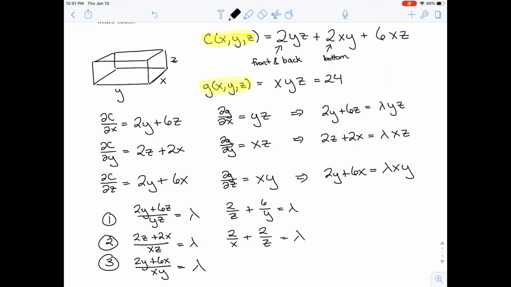And then finally, dividing by xy, both terms, we get 2 over x plus 6 over y is equal to lambda. So those are 3 equations, but we have 4 unknowns, x, y, z, and lambda. So we remember that our constraint is going to be our 4th equation.